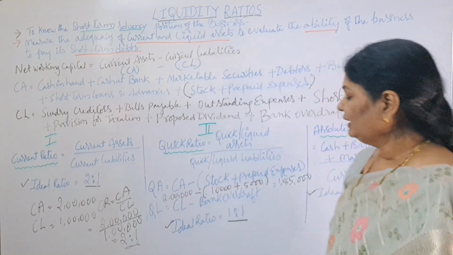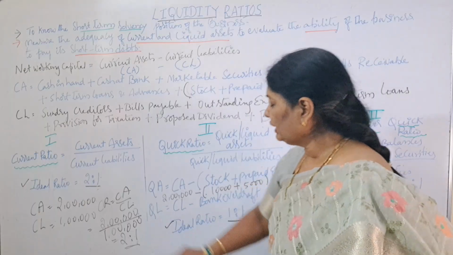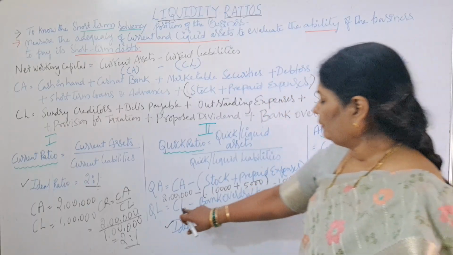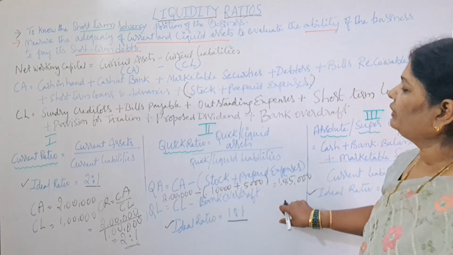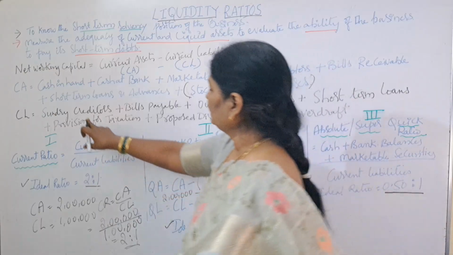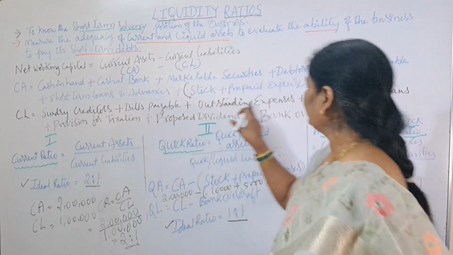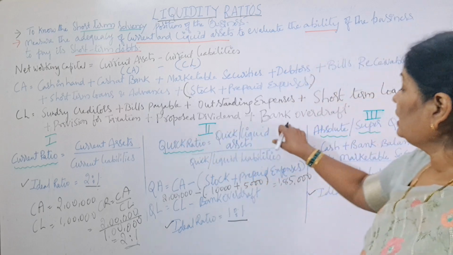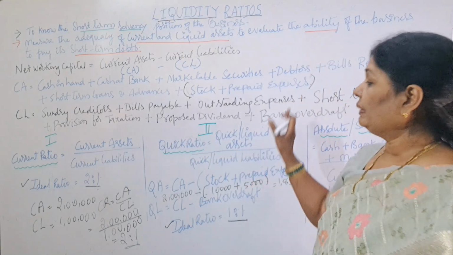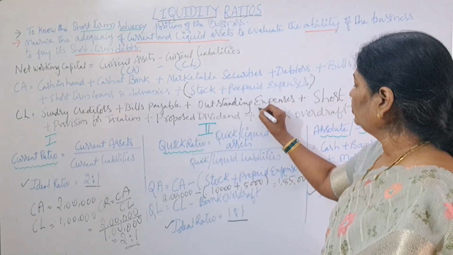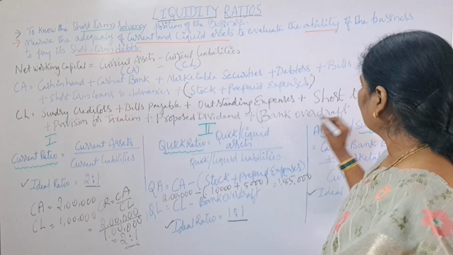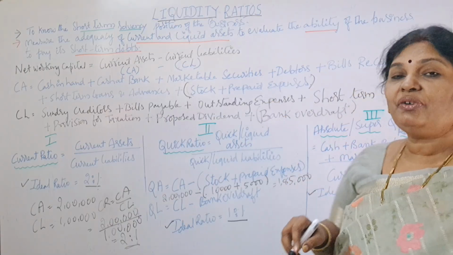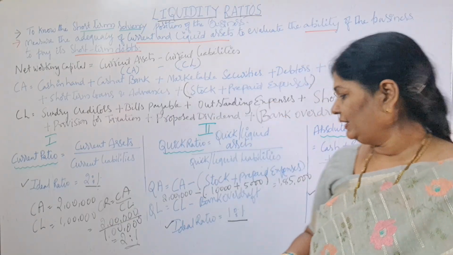Right? Next, quick liabilities. What are quick liabilities? Current liabilities minus bank overdraft. Current liabilities means your sundry creditors, bills payable, outstanding expenses, short-term loans, provision for taxation, proposed dividends plus bank overdraft. So from these current liabilities, if you deduct this bank overdraft, then it is called quick liability, right?